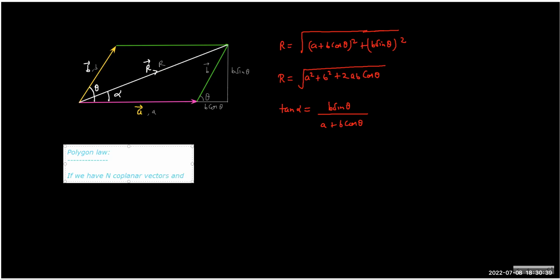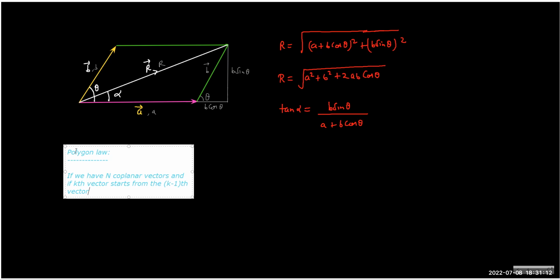And if the kth vector starts from the (k minus 1)th vector, like you can choose some random vector, like third starts from the second, fourth from third, fifth from fourth, and so on.